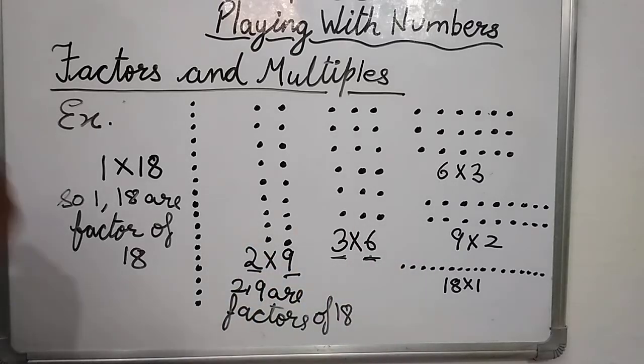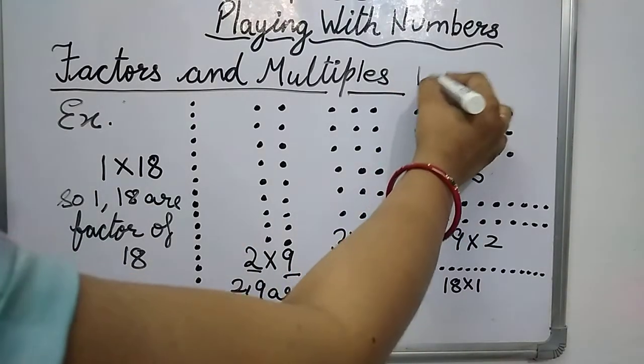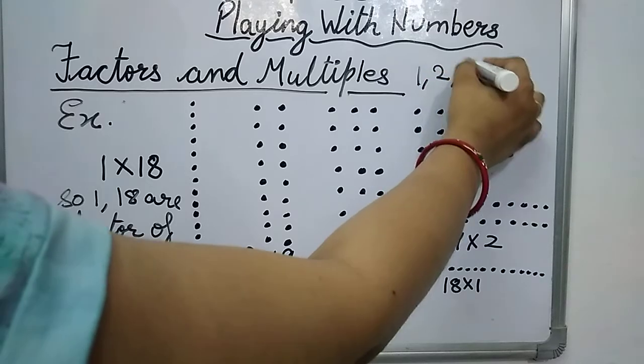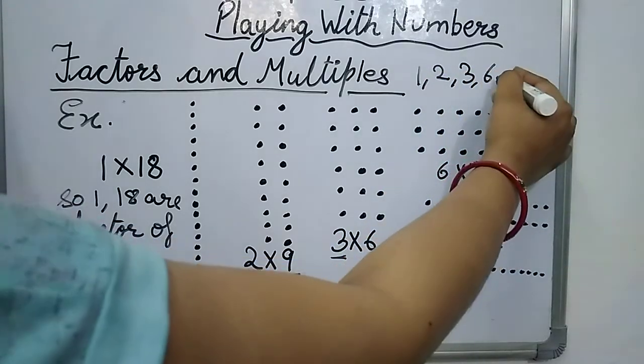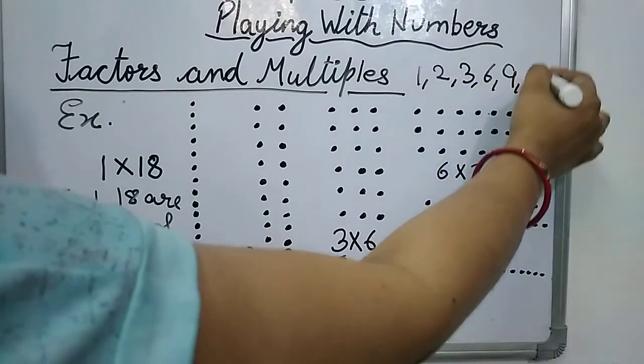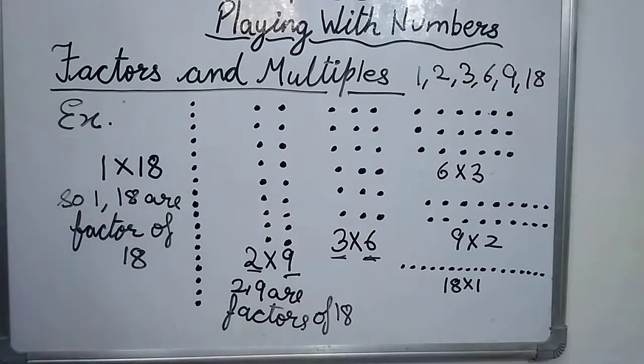So we can conclude 1, 2, 3, 6, 9 and 18 are factors of number 18.